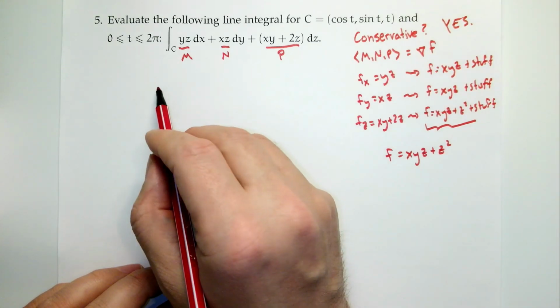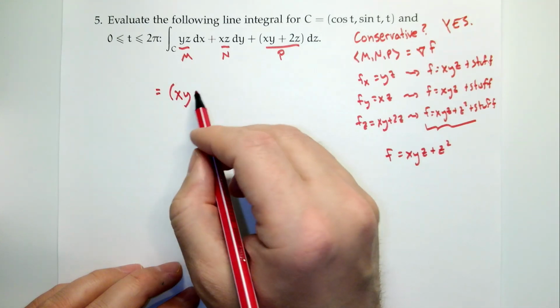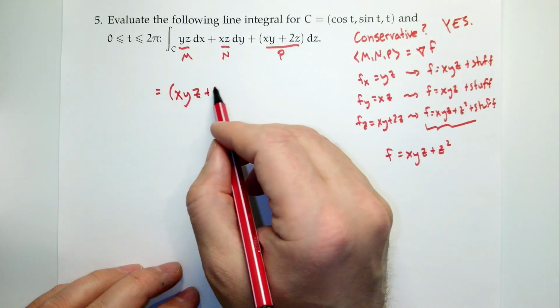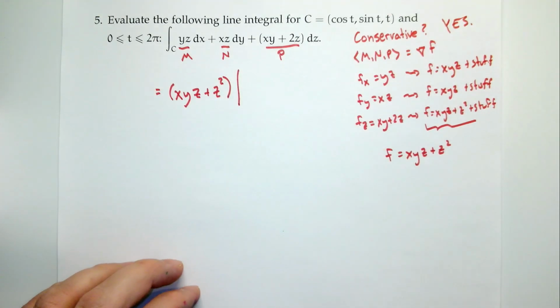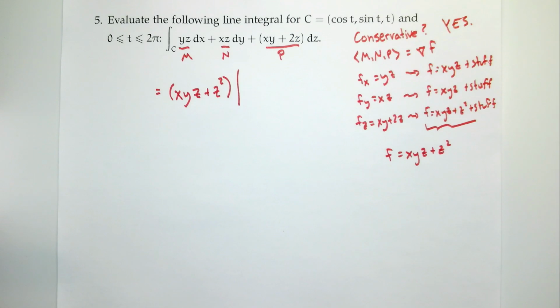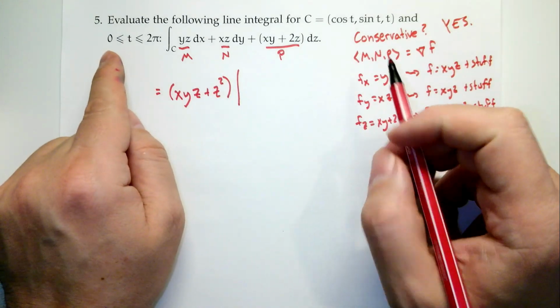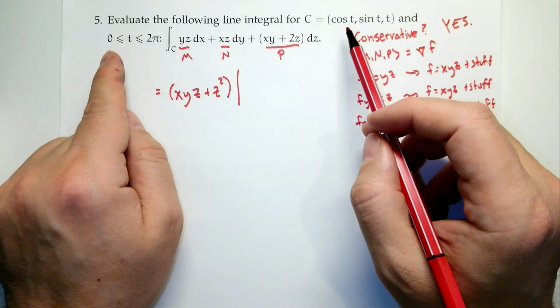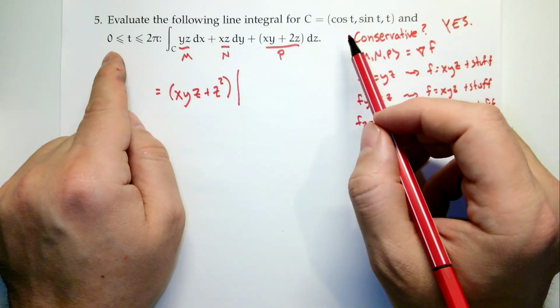So you take your potential function, xyz plus z squared, and you evaluate it from the start point and the end point. Now, what do we do first? Well, let's figure out the end point. Start point is when you plug in 0.